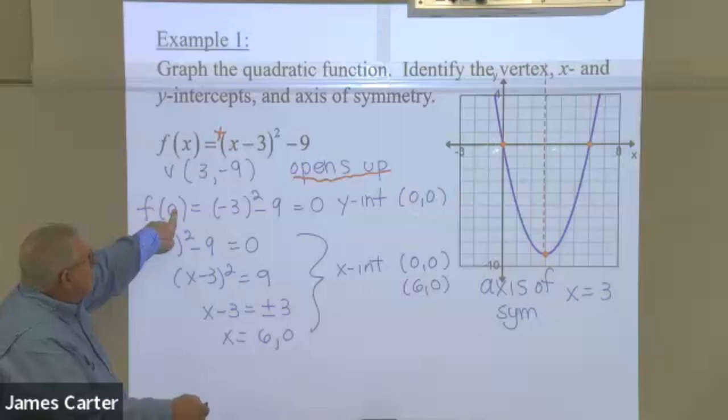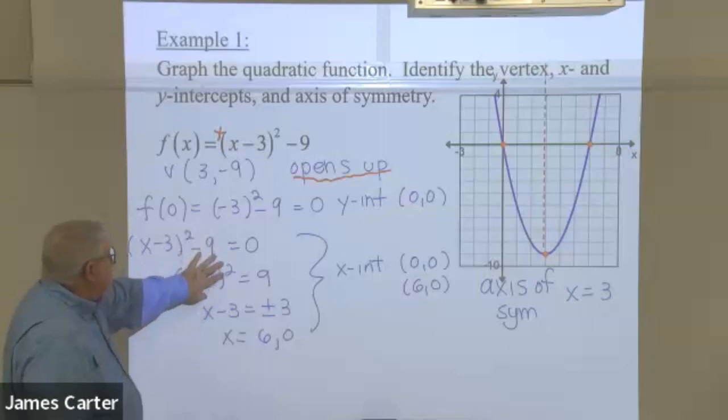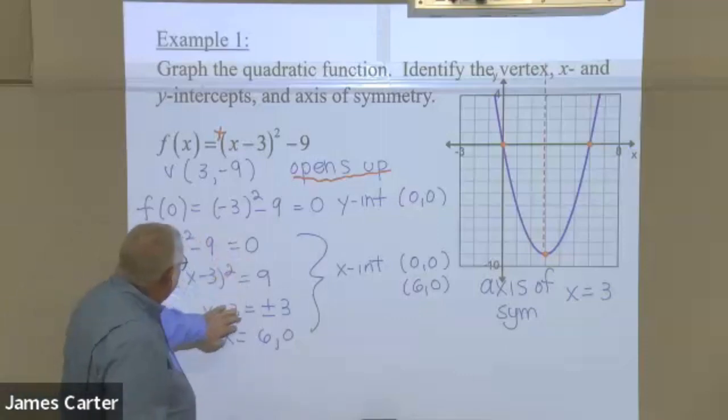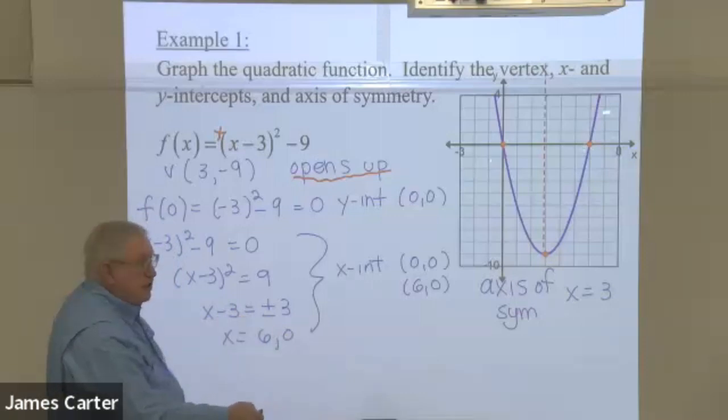Right up here. Now, this part down here is them mathematically finding out the 2 x-intercepts.